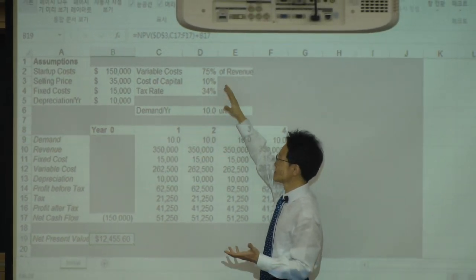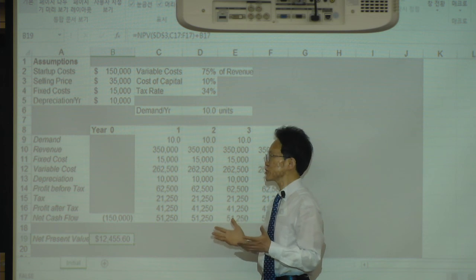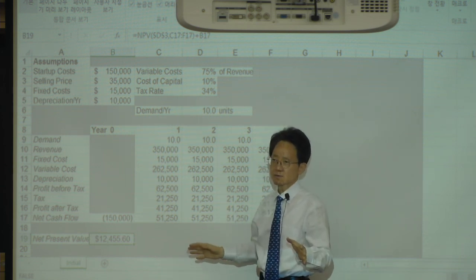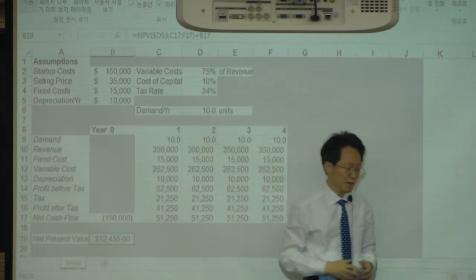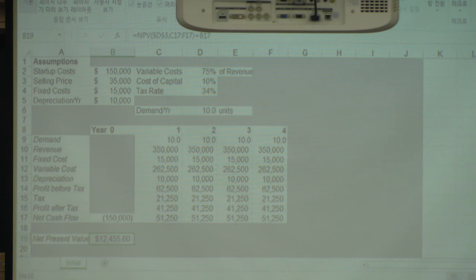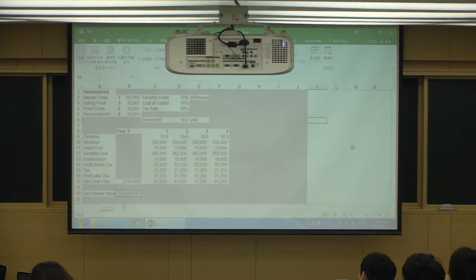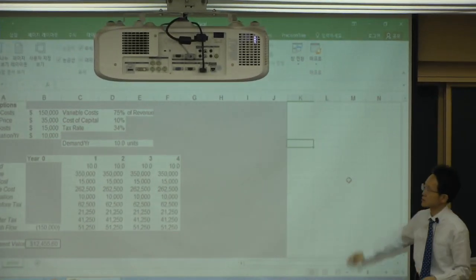The company estimate the demand is going to be 10 units every year, but also demand is usually uncertain. You cannot say that we absolutely sure that we will be able to sell 10 units for the next 4 years. So let's say we obviously needed to consider some uncertain factors regarding these assumptions.